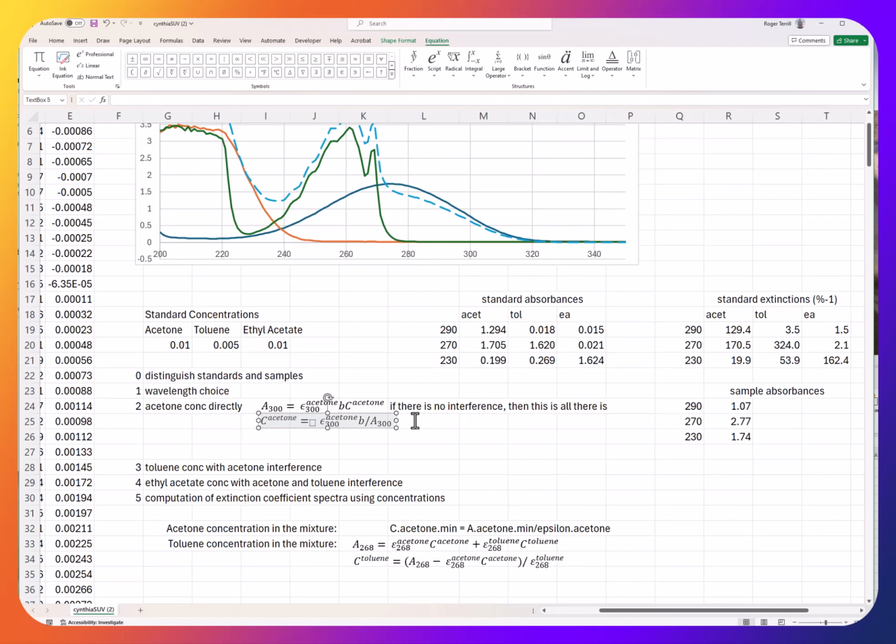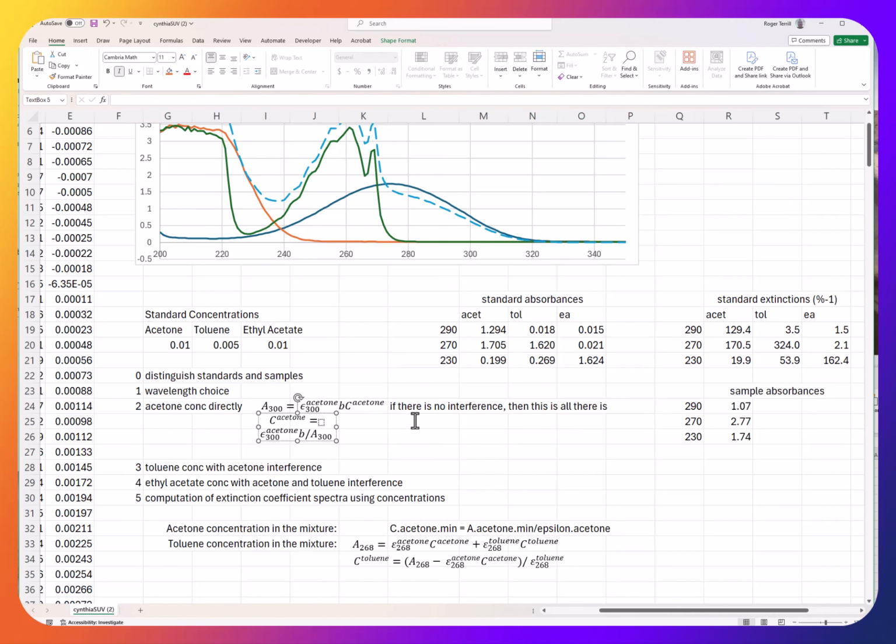Anyway, so concentration of acetone will equal epsilon of acetone at 300 times B over A300, right?